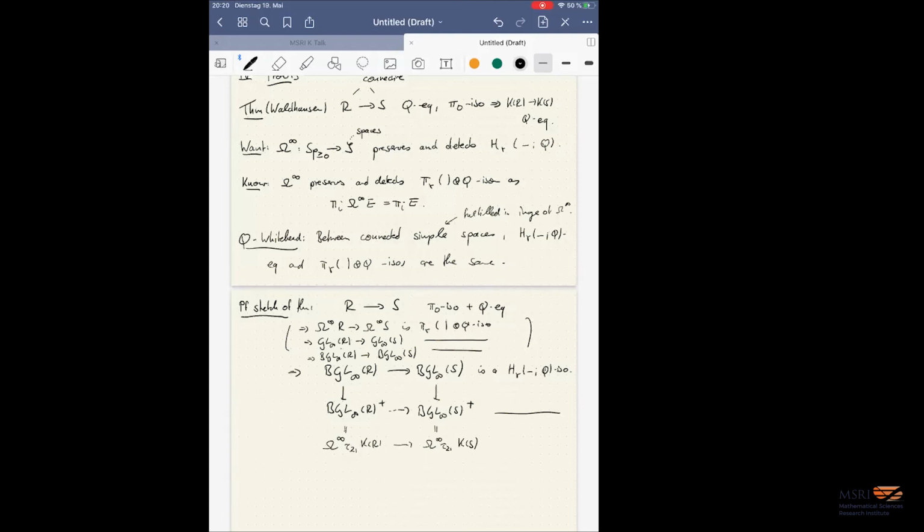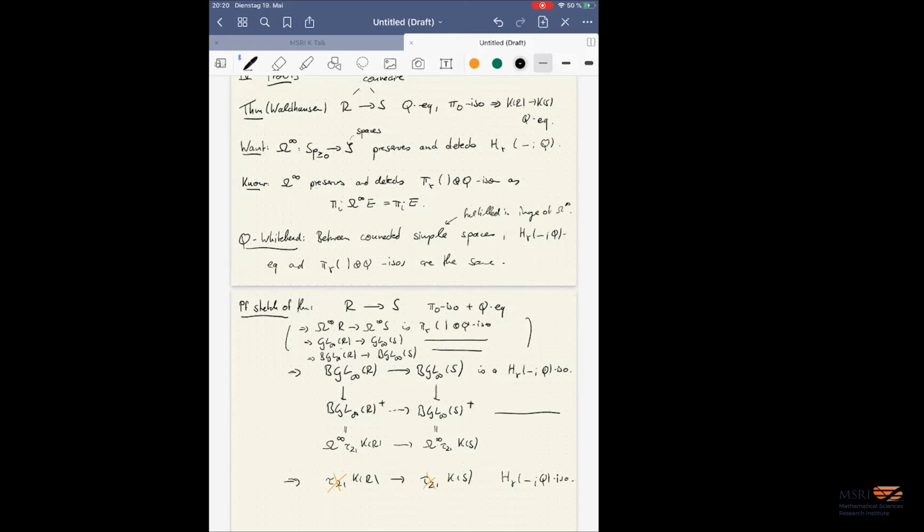And then I use that omega infinity detects rational homology isos, as I just said, and then I can remove this restriction here, essentially using that I know it's a pi 0 isomorphism. So this is the basic proof strategy.